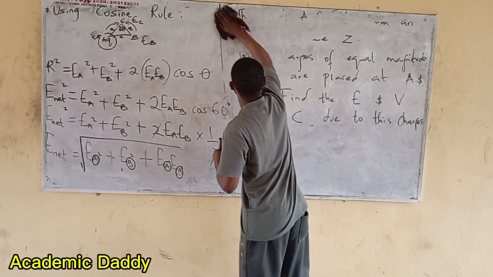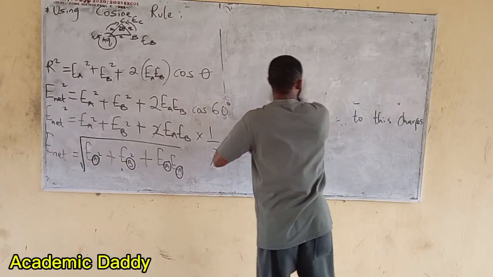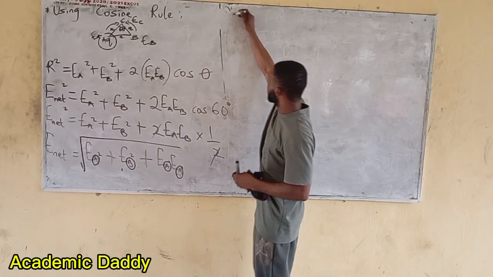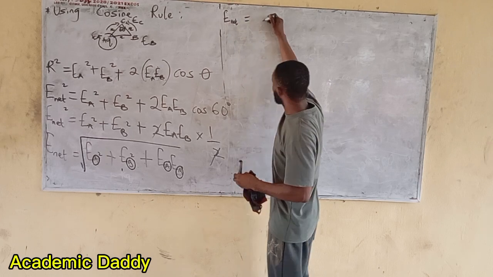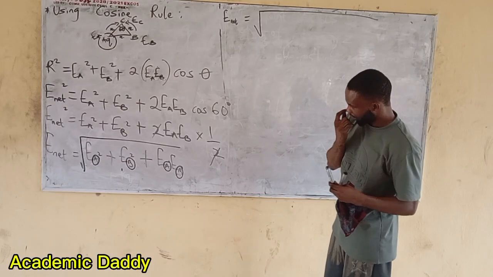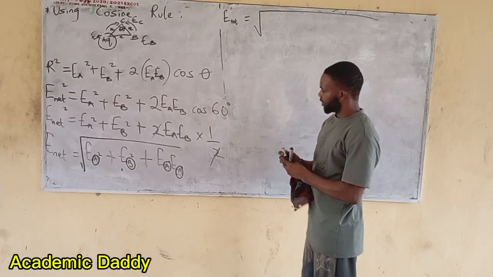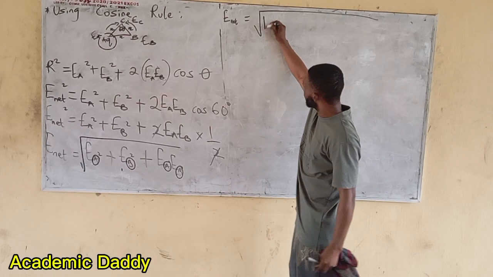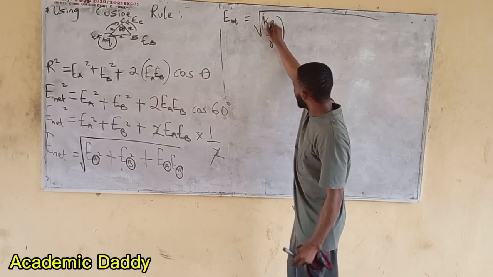So my total E net will be equal to root what? How many electric fields do I have here now? Let's check. Let's do it this way first. KQ over R squared, all squared.